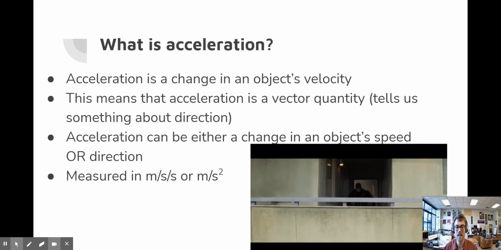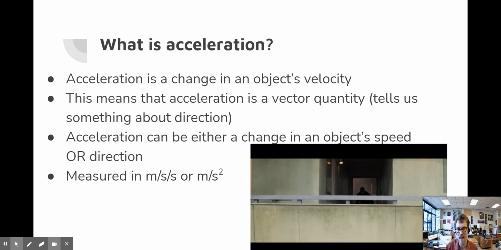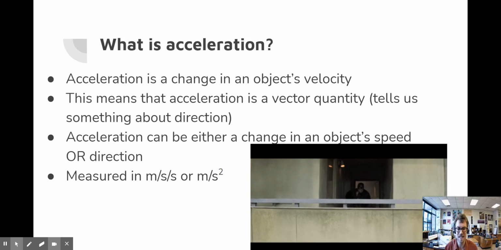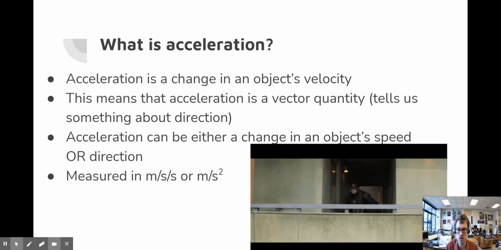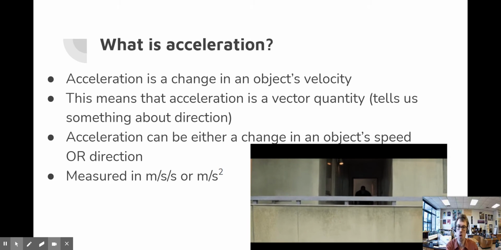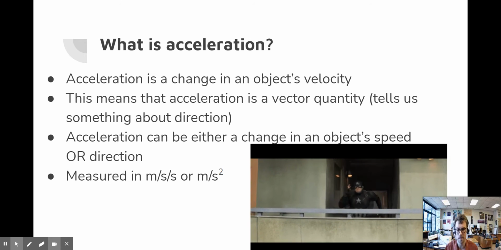So an object turning, even if the speed stays the same, is accelerating, okay? Because its velocity is changing because the direction that it is traveling is changing. Remember, velocity is speed and direction. So changing the speed or changing the direction both result in an acceleration.